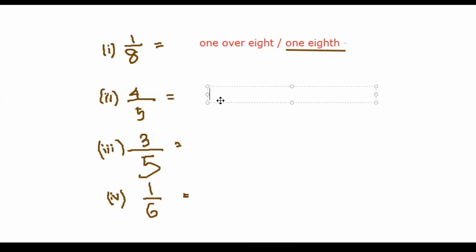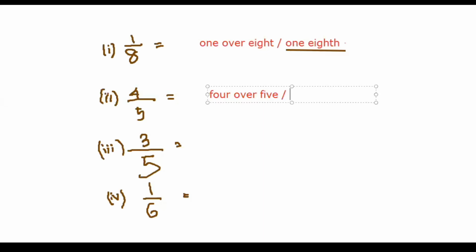So, second question. Pratham, you have to tell me the answer for the whole section. Quickly. Four fifths. That is one way. Who can say the other way?